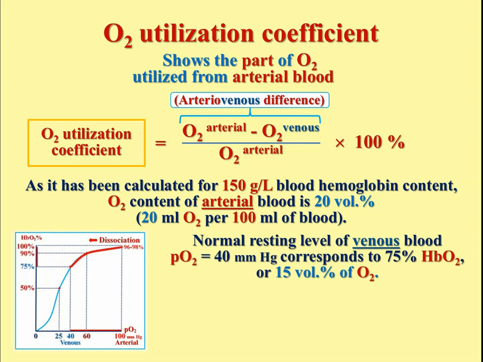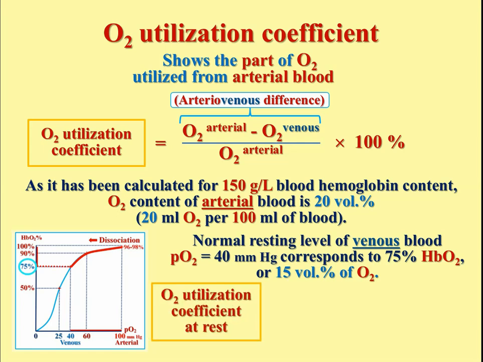Let's recall this. Normally, oxyhemoglobin in blood dissociates from almost 100 till 75% of oxyhemoglobin. And so this is remaining oxygenated hemoglobin, and the difference is about 25. Let's calculate this difference. 20 volume percent initially, and remaining is 15 volume percent.